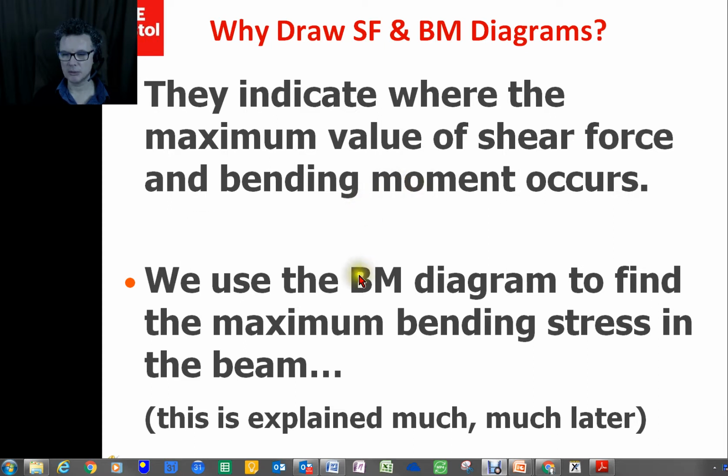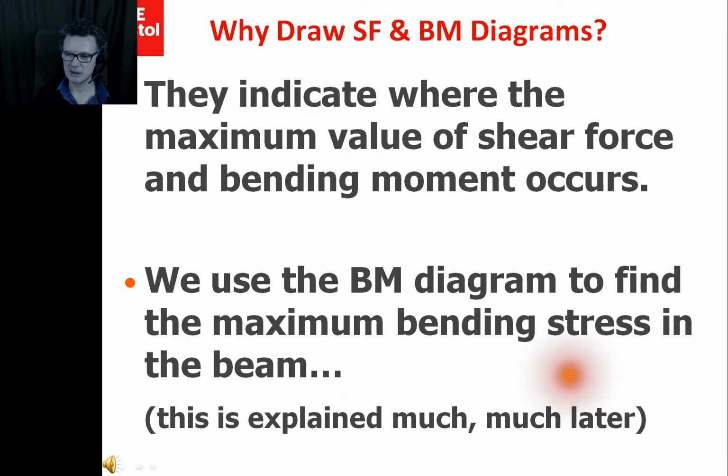Why are we bothered about these bending moment and shear force diagrams? Well, guys, we're going to talk about that much later. What we're really interested in is this bending moment diagram, because that tells us where the maximum bending moment is happening in a beam, and the maximum bending moment relates to something called bending shear stress.